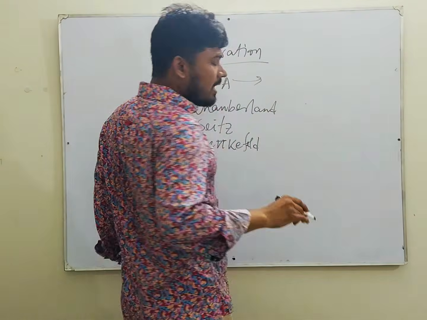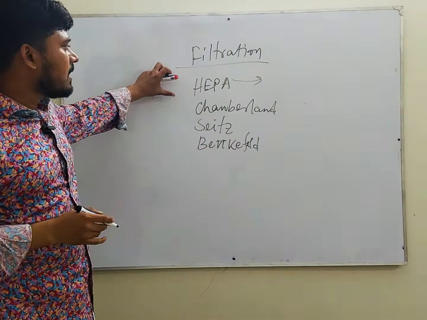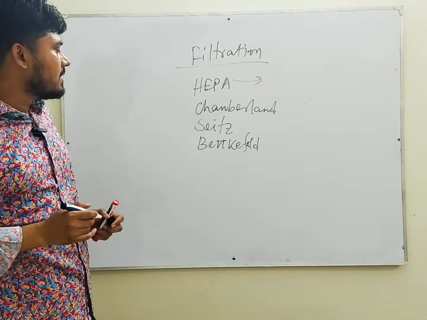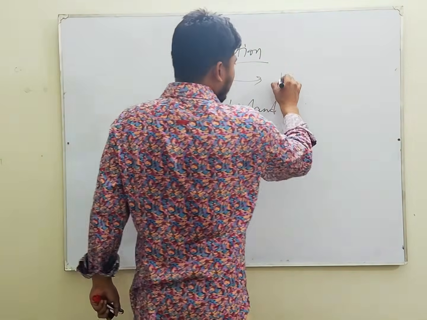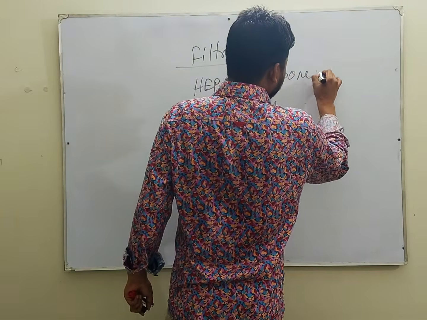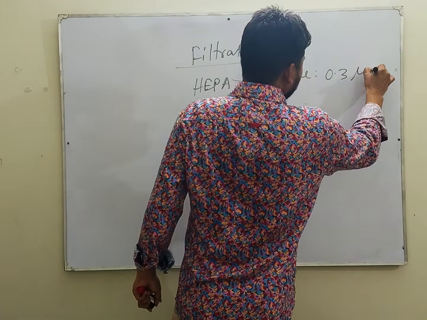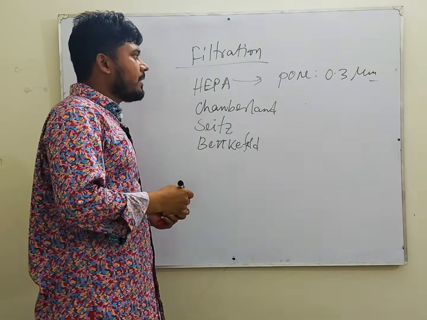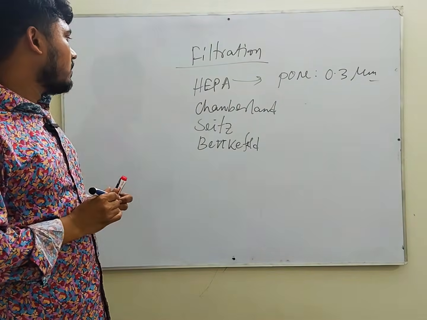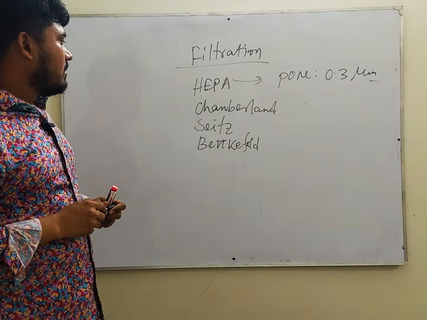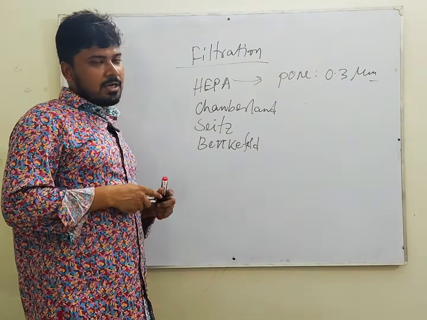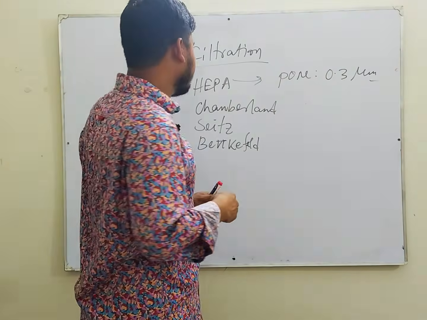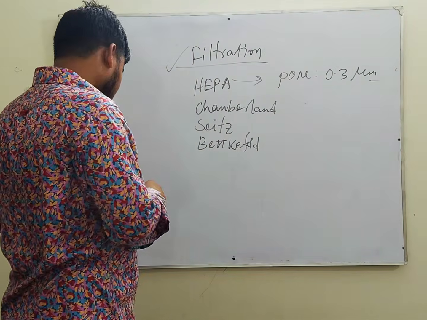HEPA means high efficiency particulate air filter. The pore size of this filter is 0.3 micron. In case of antibiotic solution and IV fluid, we sterilize by this filtration method.